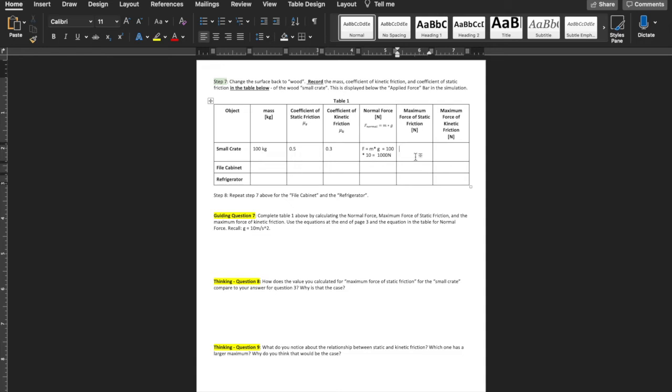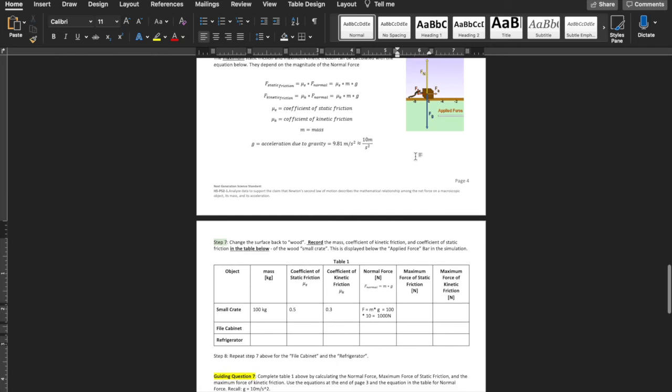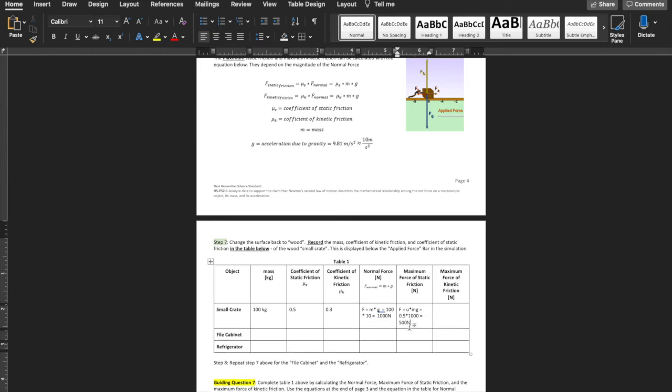Okay, and if we wanted to calculate the maximum force of static friction, well, let's look here. Our acceleration due to gravity is 10 meters per second squared. And static friction, our maximum value, is given by this equation. So we say F is equal to mu of s times mg, and that must be equal to, therefore, 0.5 times 1,000. And so that's 500 newtons.